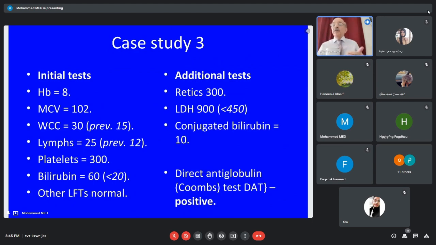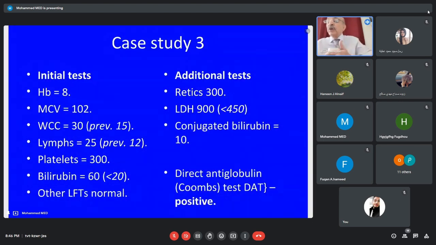Reticulocytes normally are 1 to 2% in the circulation, to replace the red blood corpuscles. As you know, a red blood corpuscle survives 100 to 120 days, and then it gets replaced. So in actual fact, there is a continuous process of hemolysis in the human body, but we don't call it hemolysis because it's physiological.